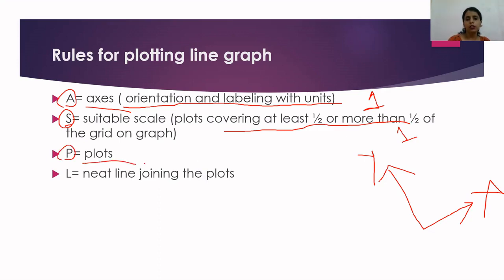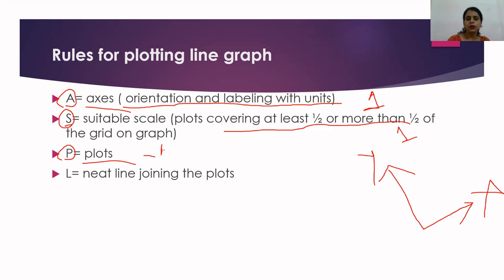You have to plot all the points on the grid of the graph correctly. If you make a mistake in one point, that is accepted not in all marking schemes, but some of the marking schemes. But if you make mistakes in plotting more than 1 point, then the entire 1 mark will be deducted.